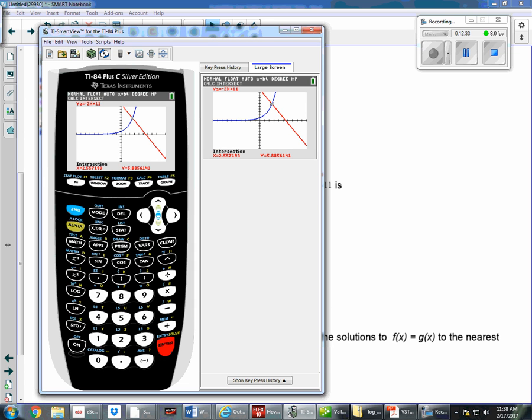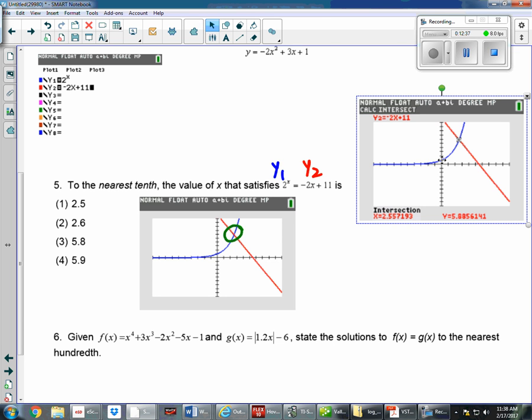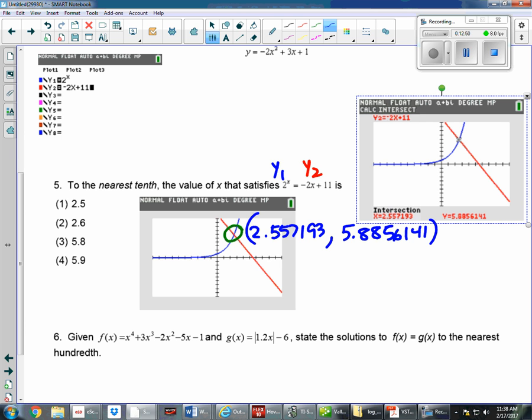The point of intersection, in this case, would be 2.557193, comma 5.88564141. And since the question only says they want the value of x to the nearest tenth, your answer is choice 2.